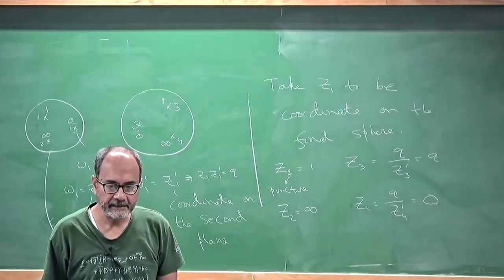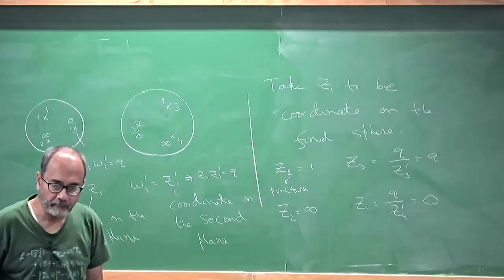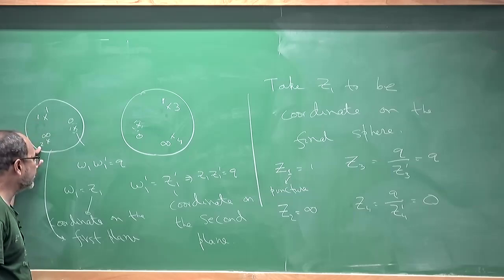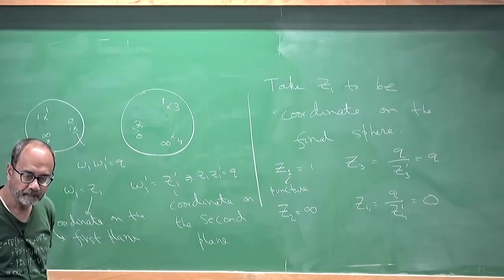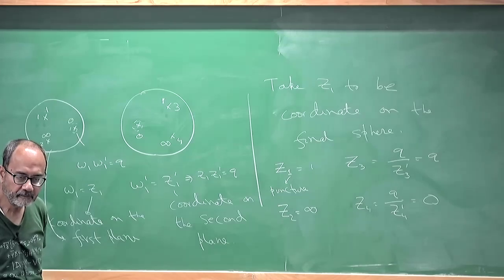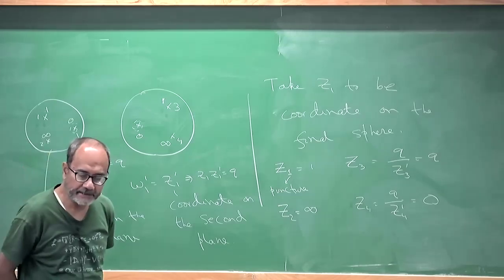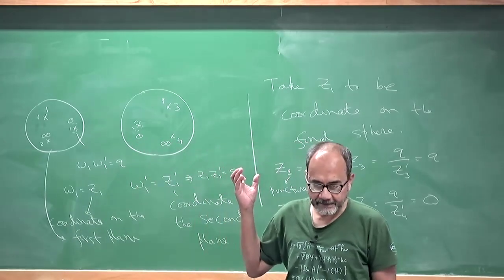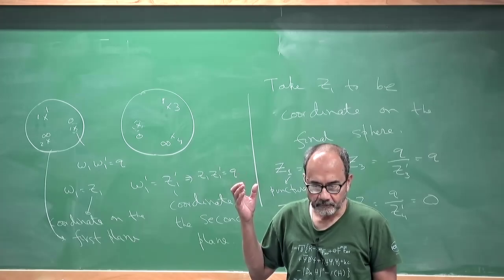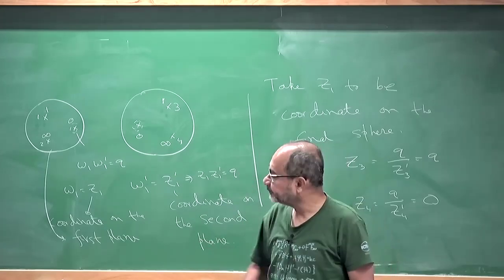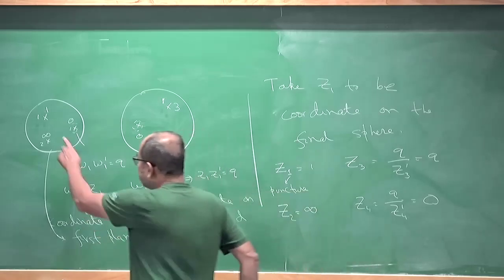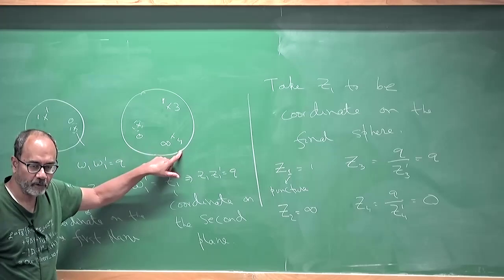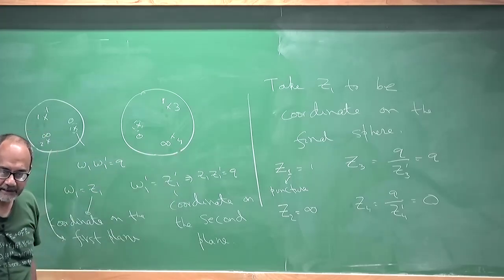Is this clear? So the other boundaries will come from other groupings. The first one will have punctures 1 and 3, the second one will have punctures 2 and 4. This is a local coordinate: Q going to 0. You also have other boundaries. The other boundary is where this side may have punctures 1 and 3, and this side may have punctures 2 and 4. That's a different boundary.